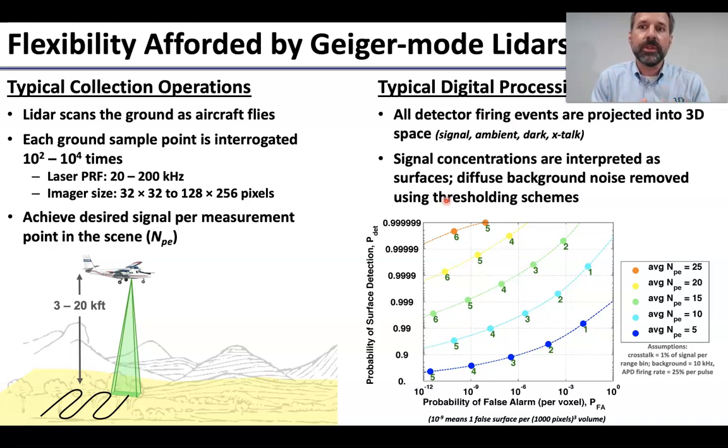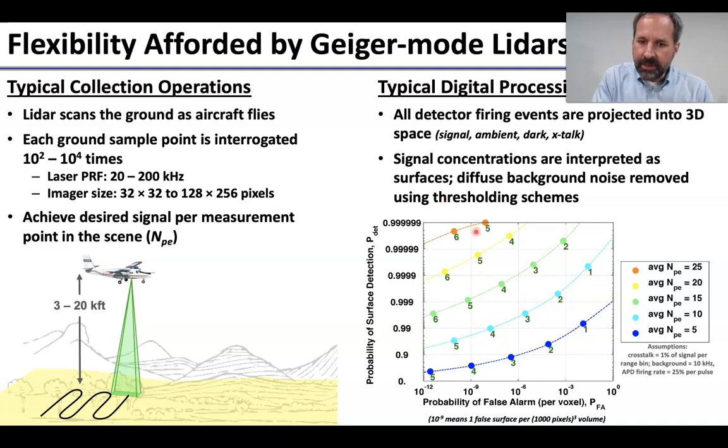We're going to interpret those concentrations as arising from real surfaces. Diffuse background noise is not correlated in time with that laser pulse that we keep hitting the ground with, and so we're going to interpret diffuse background stuff as not being signal. And we can remove that with various thresholding schemes that people have worked long and hard to perfect.